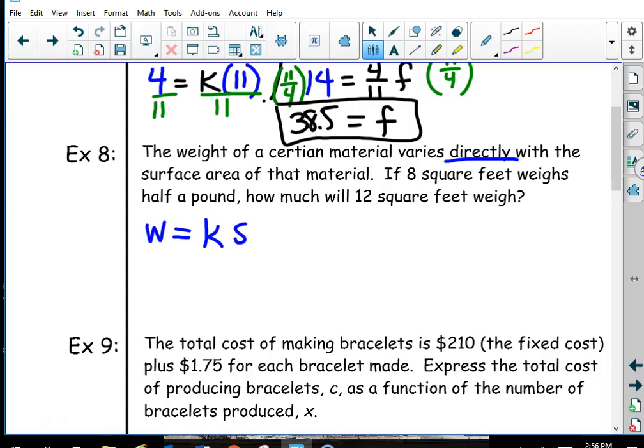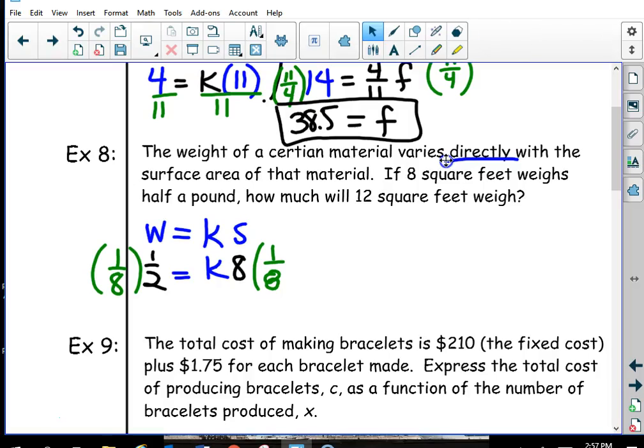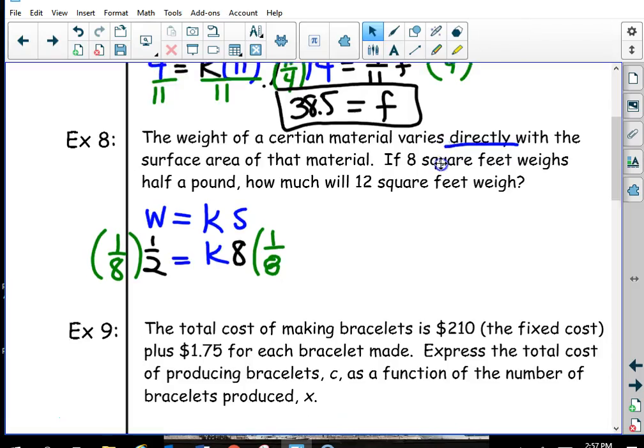So our surface area is 8 and our weight is 1/2. Actually, I'm going to use 1/2 because I think it'll be easier to do the fraction work. So I'm solving for K. I'm going to divide by 8, but I'm going to do that as a reciprocal, because on the left-hand side I get my fraction of 1/16.